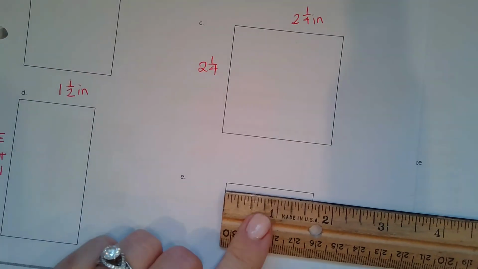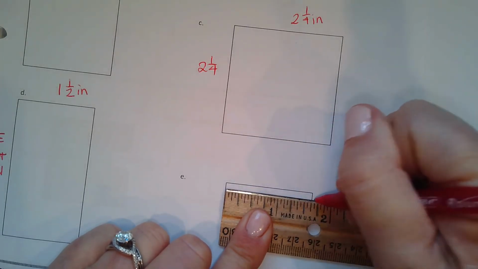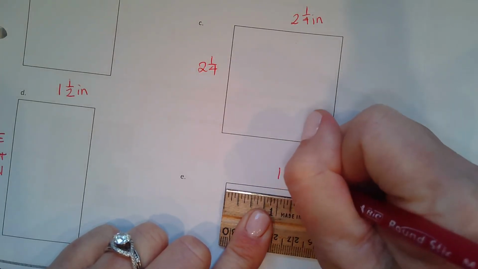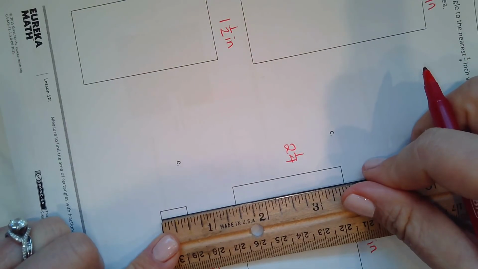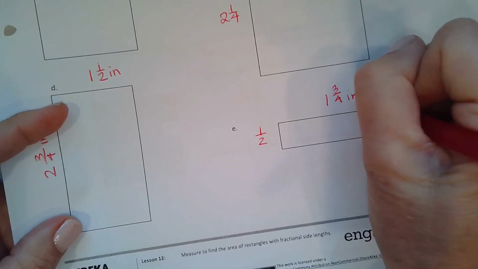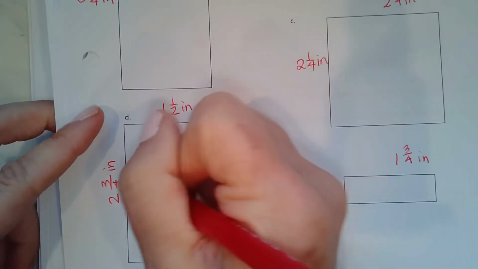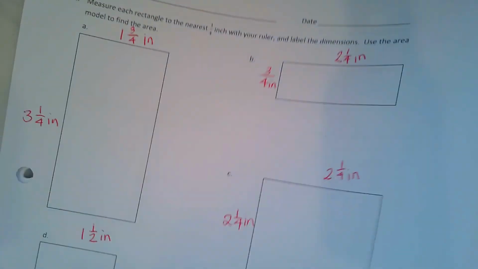Finally here, this is 1 3/4 by 1/2. And these are all inches. So you want to make sure you're going to have inches squared. On the back side, you shouldn't need a ruler.